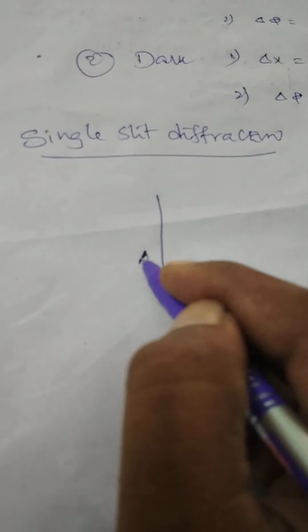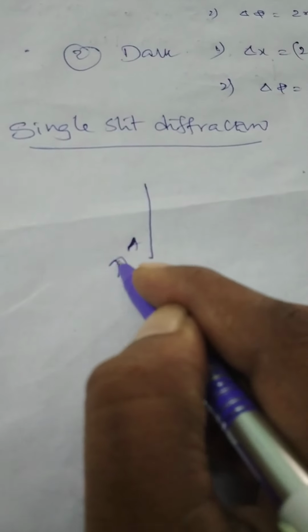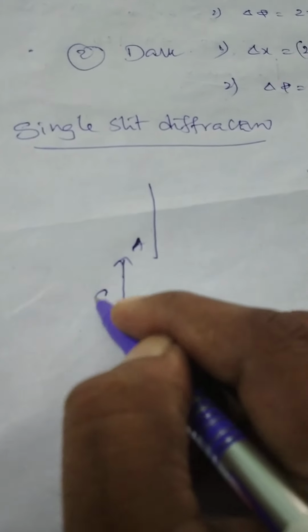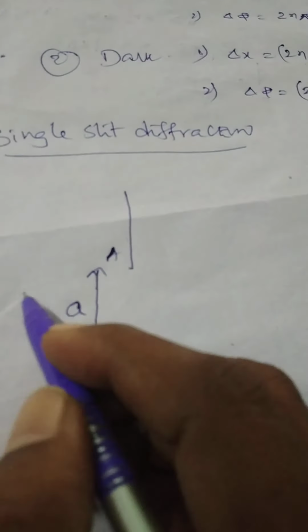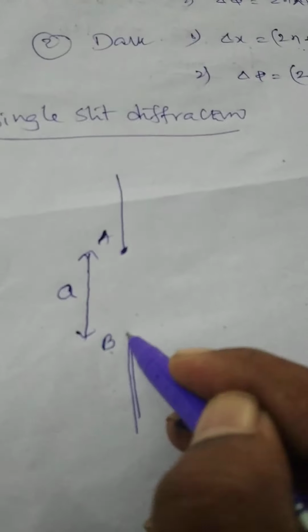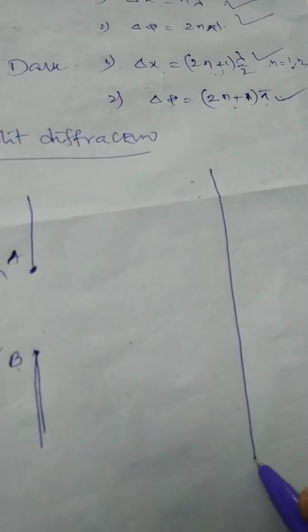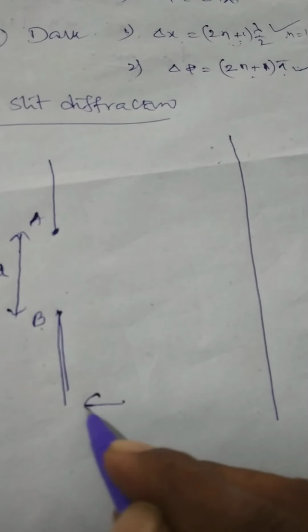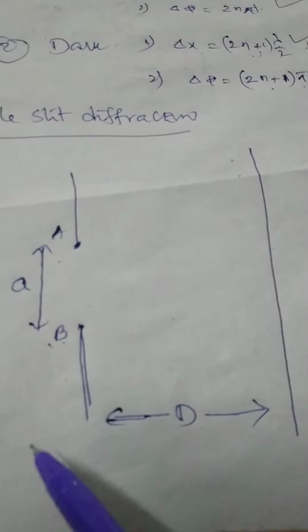The slit is taken as AB. Slit width is equal to, suppose it is taken as small a. Now a light is made to be incident on the slit such that the diffraction phenomenon is observed on the screen. Let the distance of the screen from the slit be capital D and small a be the slit width.